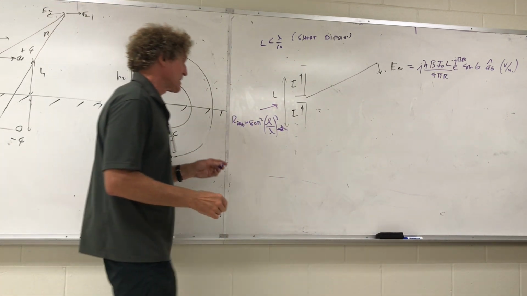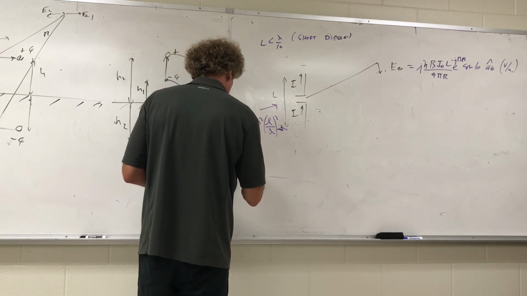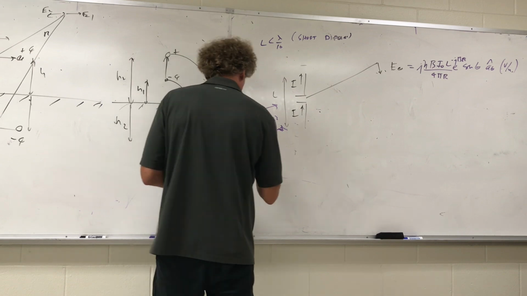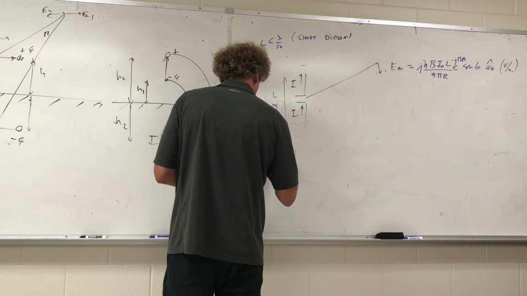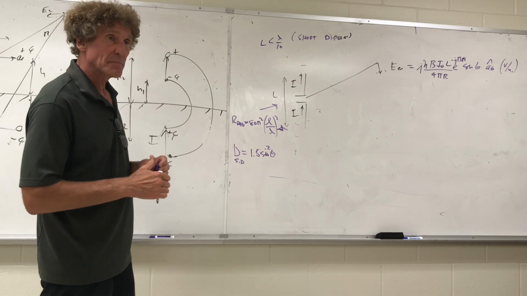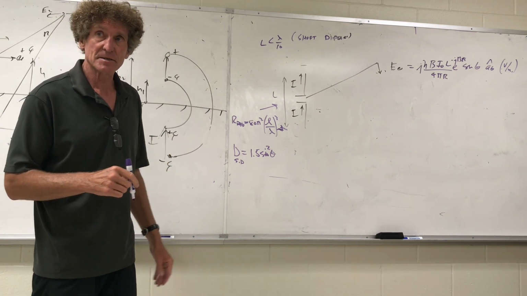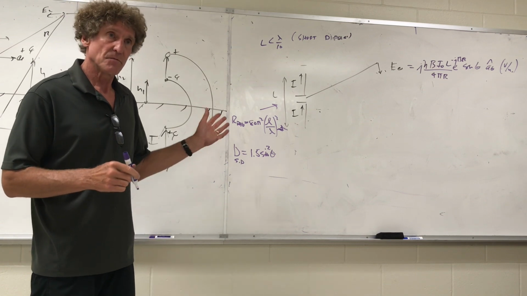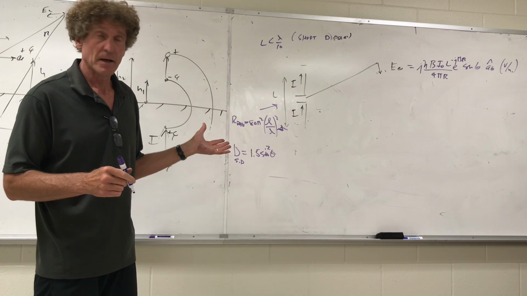The directivity also, D for a short dipole, will be equal to 1.5 sine squared of theta. And lo and behold, we have all the information we need basically to get anything we want. I could write down what the radiated power density is, but basically from this we can get it all. Do you agree with that? Everyone?